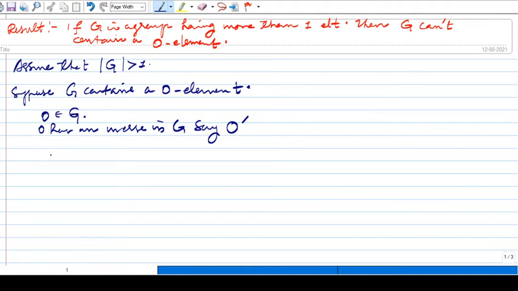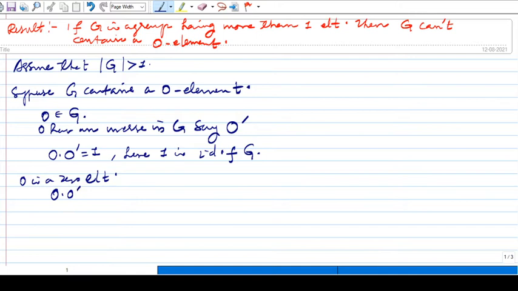So what will the inverse do? G has an identity. So 0 times 0 dash would be 1, where 1 is the identity of G. So 0 times 0 dash gives 1. But you know that 0 is a 0 element. What is the property of a 0 element? When you multiply with any number, you get 0.